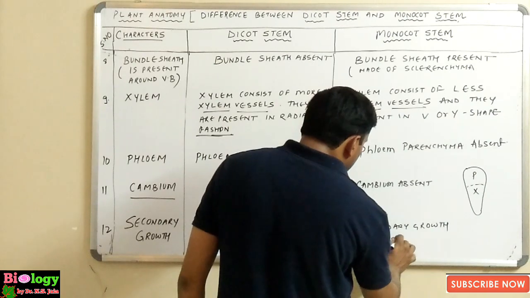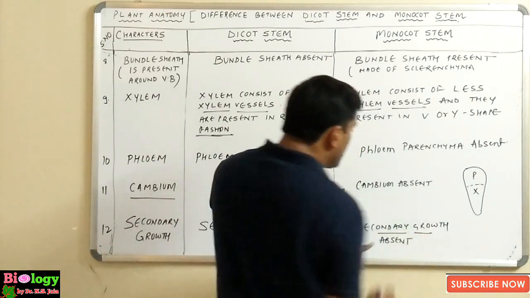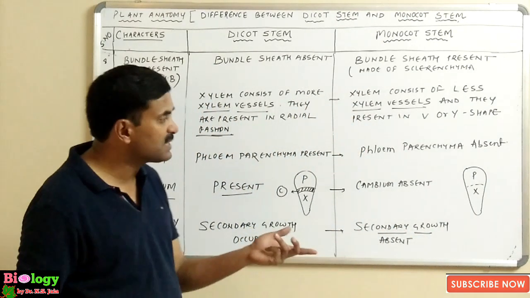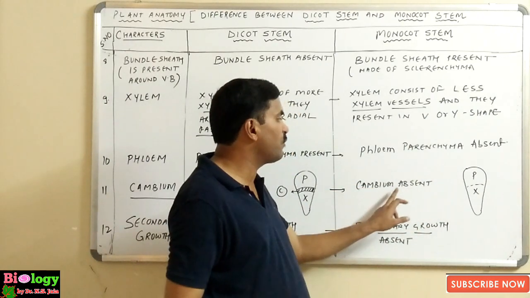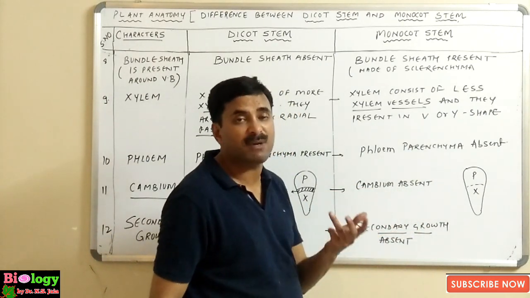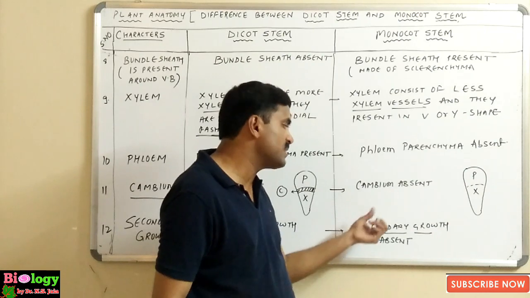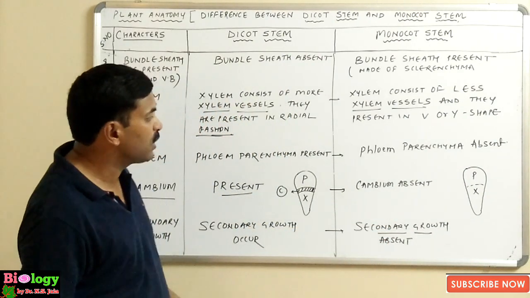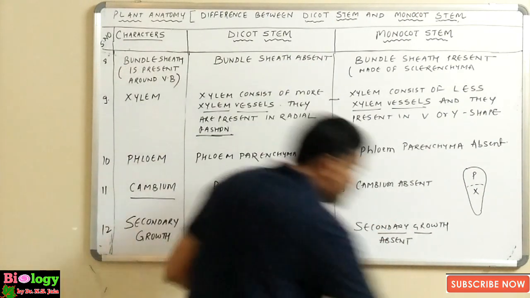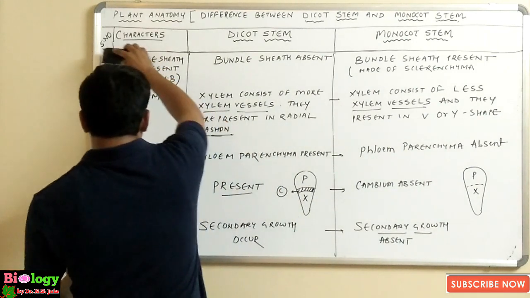This is the main feature of the monocot stem, that in them secondary growth is absent. Why is secondary growth absent? Because vascular bundles are devoid of cambium, and cambium is responsible for secondary growth. Now if cambium is absent, so definitely the secondary growth will also be absent. Okay, so this was about the secondary growth.